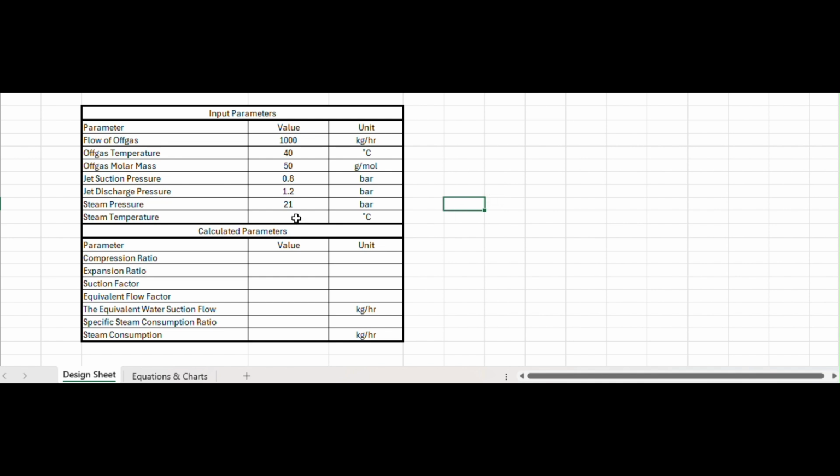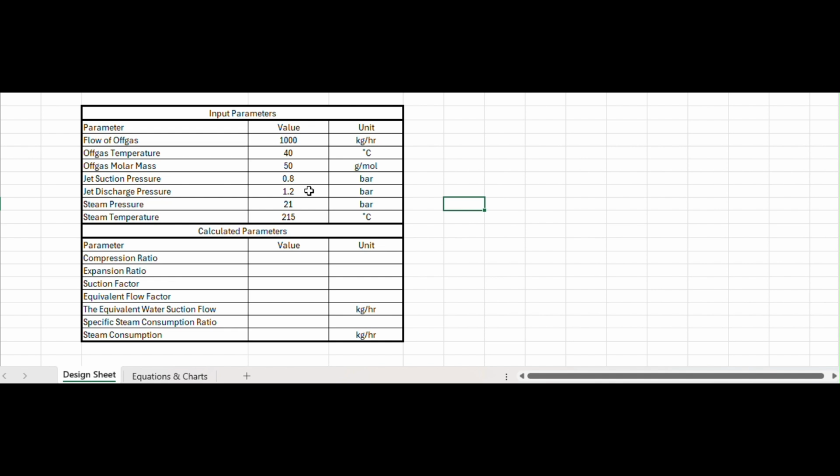Then you also need the steam temperature. If it is saturated, you could just Google what the steam temperature is for 21 bar, and that's around 215. But if it is superheated steam, then you just use that temperature. Okay, now we have all the input parameters.